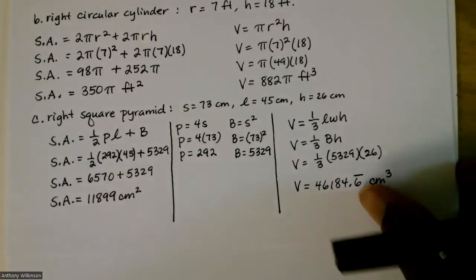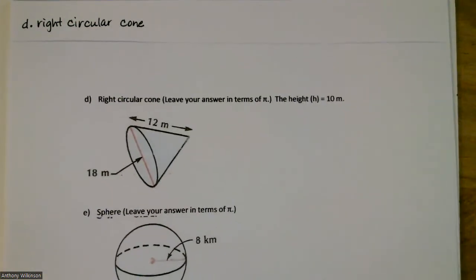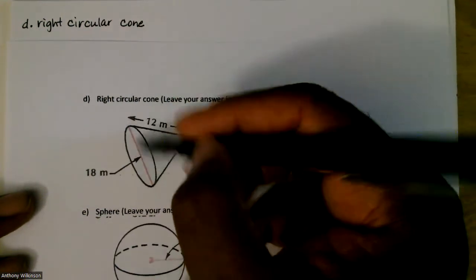All right, part D is a right circular cone. Let's take a look at this right here. You're given a diameter of 18 meters.